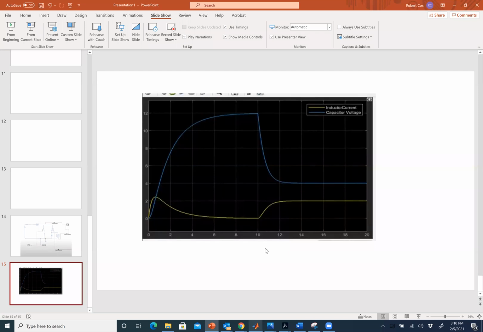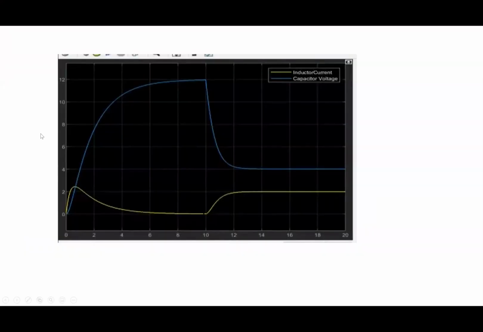But right after that, for a really short period of time, if I zoomed in right here, or right here, for like 1 picosecond before and after, that capacitor voltage is going to be the same. And for a really short period of time in here, that inductor current is going to be the same.